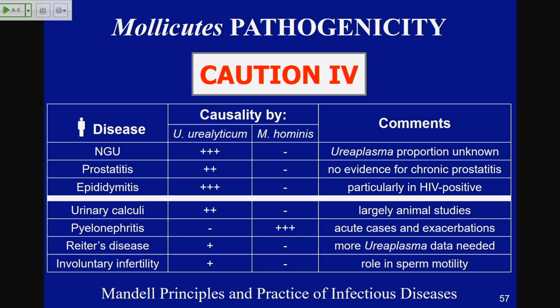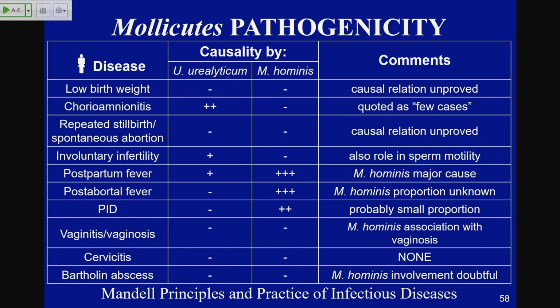And by the way, Mycoplasma hominis does not cause urethritis. So you go down the list and you see a variety of clinical conditions which can be caused or associated with ureaplasma infection. And then Mandell goes on to talk about this with respect to female populations. And once again, note that Mycoplasma hominis does not cause cervicitis. Ureaplasma does not cause cervicitis.